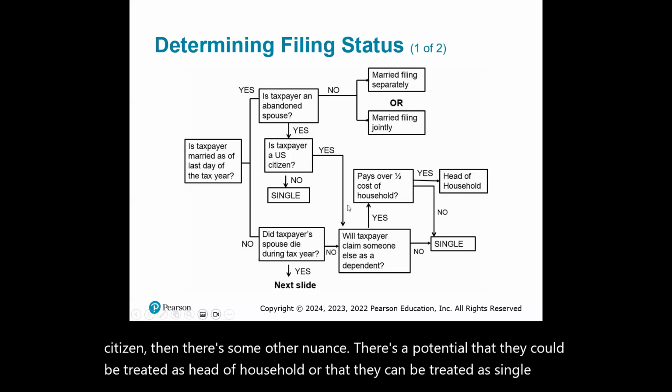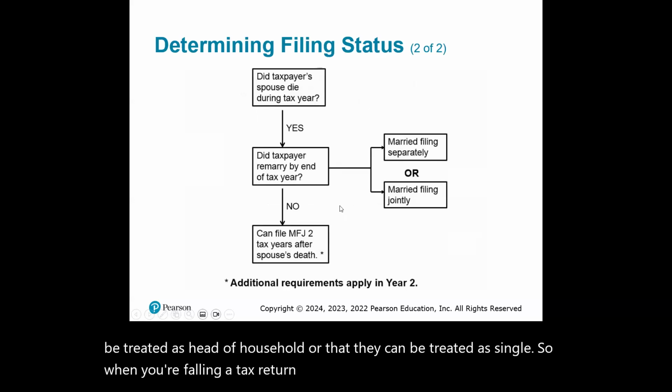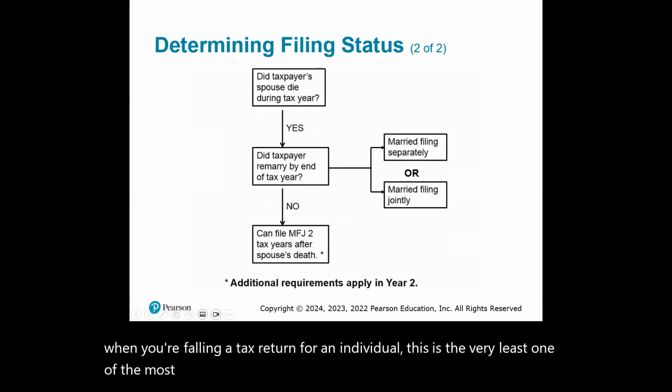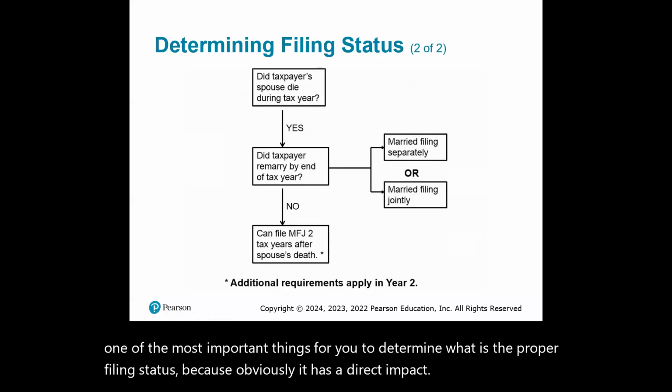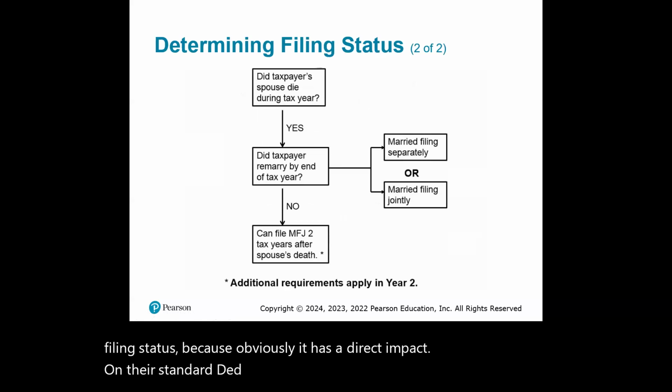So when you're filing a tax return for an individual, this is, at the very least, one of the most important things for you to determine: what is the proper filing status, because obviously it has a direct impact on their standard deduction, their itemized deduction limitation. Remember, you choose the greater of the two.